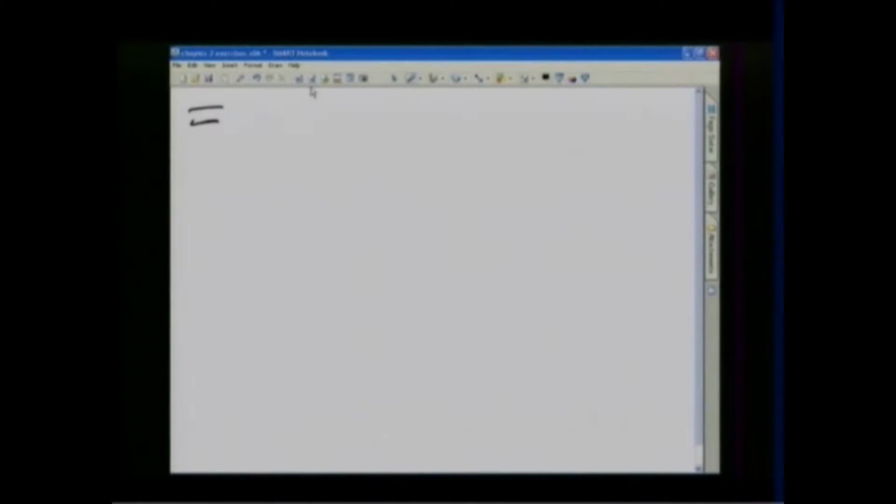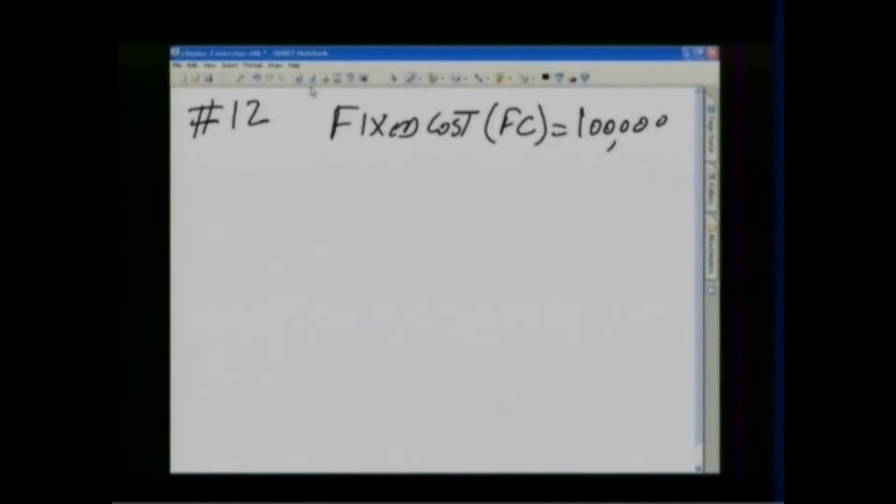So let's write down the information we have first. Number 12. We have fixed cost, FC, equal to 100,000, and you have cost per unit.